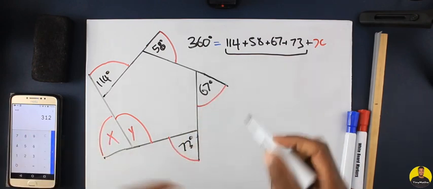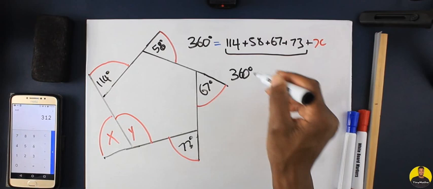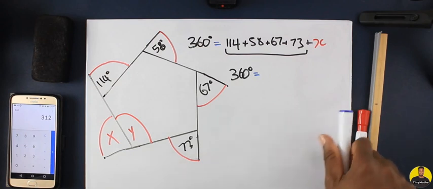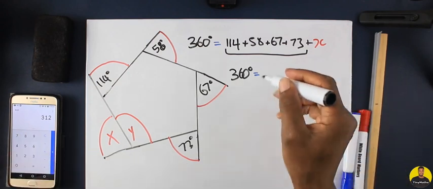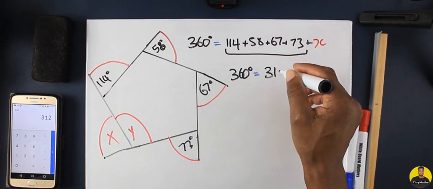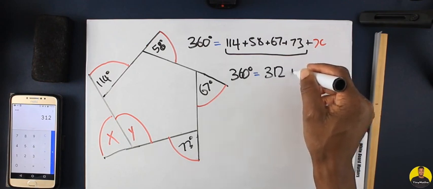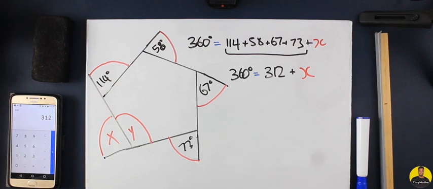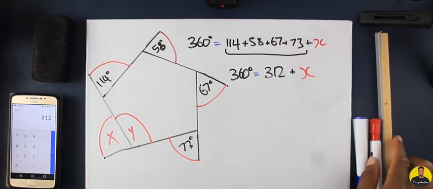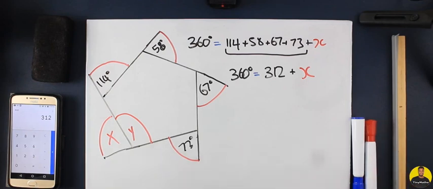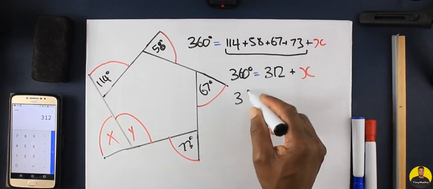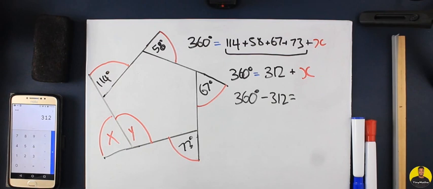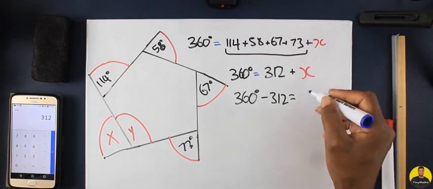So we can rewrite this as 360 degrees equals 312 degrees plus x. And by now it should be very easy for you to work out how we find x. All we need to do is 360 degrees minus 312, and that should equal our angle x.